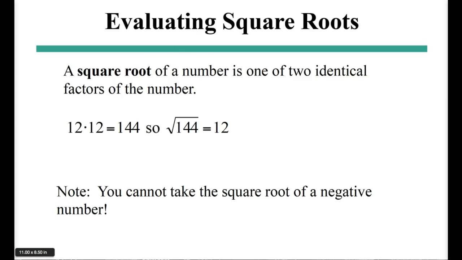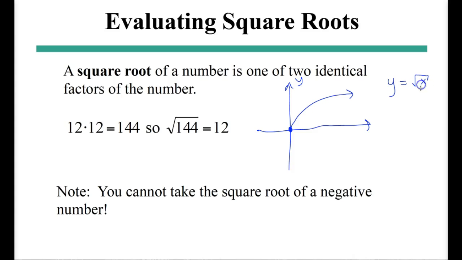Okay, so the basic graph of the square root of x looks something like this. I'm going to draw my x and y axes, and then it kind of looks like a steering wheel. Notice that the smallest x value that we can plug into this function is 0.